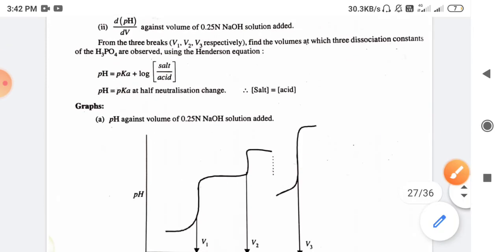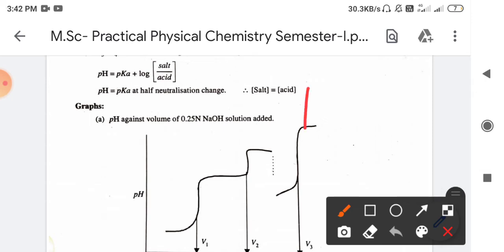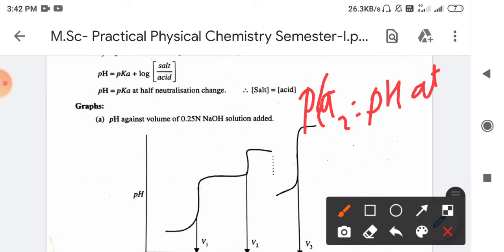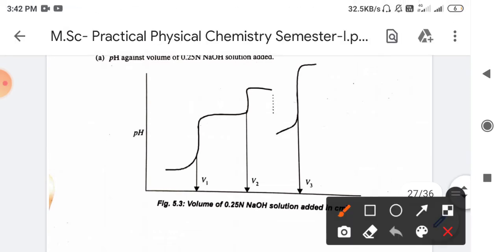Similarly my pKa2 is nothing but the pH value at V2 upon 2. Consider here, suppose my V1 value is around 5.0 ml.